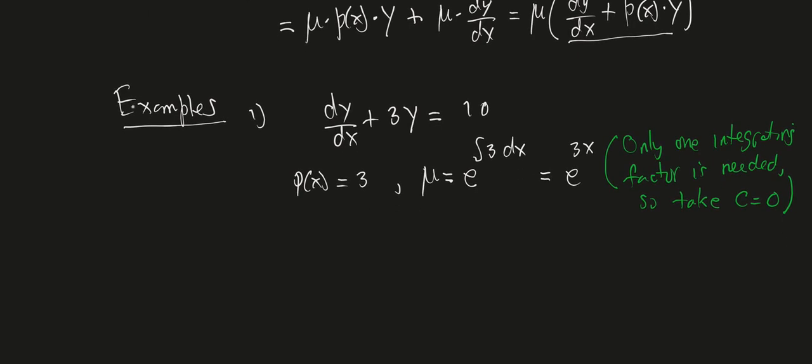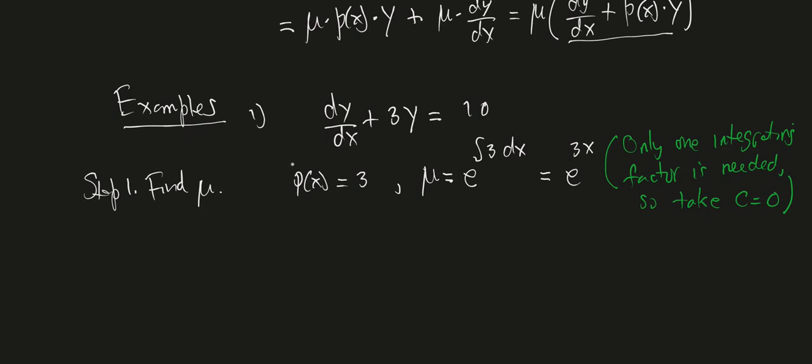So this is step 1, find mu. It's based on the first order differential equation being in standard form where the leading coefficient is 1, and I identify my p. Whatever p is, the integrating factor is defined as e to the integral of that function, and then we simplify as much as we can.